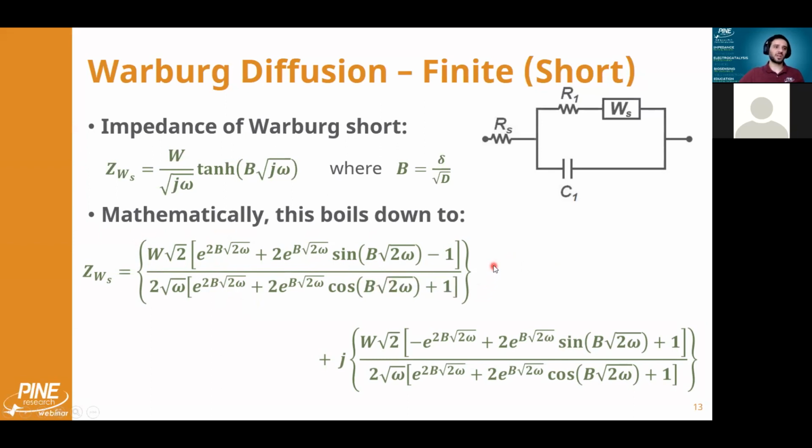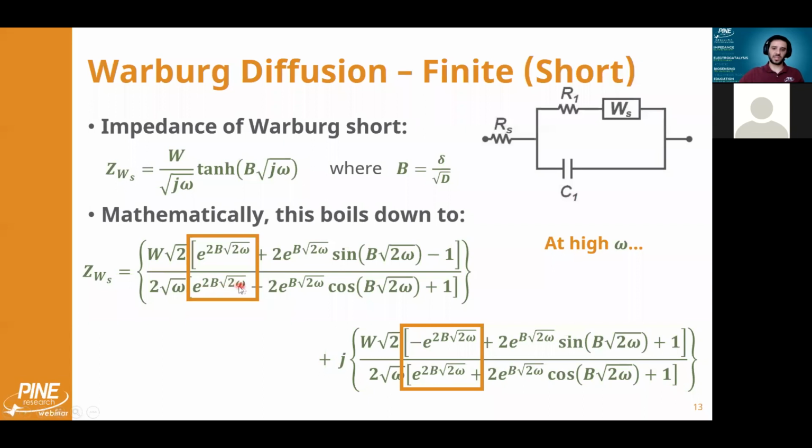If you recall, I discussed with some of the math and some of the direction of the electron flow at high and low frequency, what happens. So let's do the same thing with this very large expression here for the Warburg short. So at high frequency, what we have is this exponential term, which gets very, very large, as you can imagine, with the frequency in the exponent, essentially.